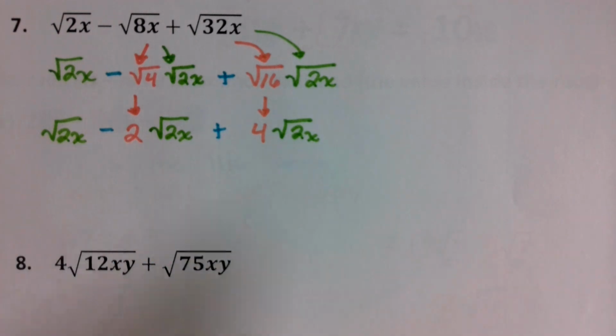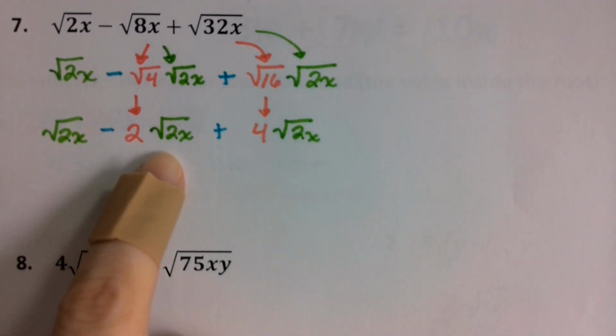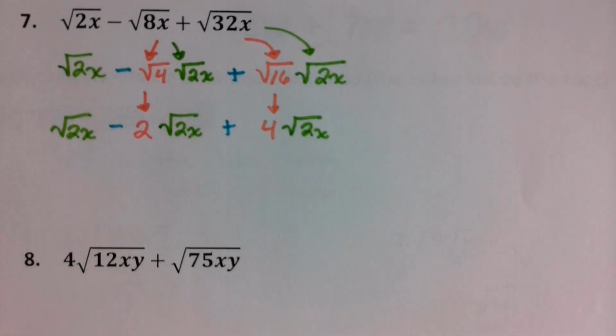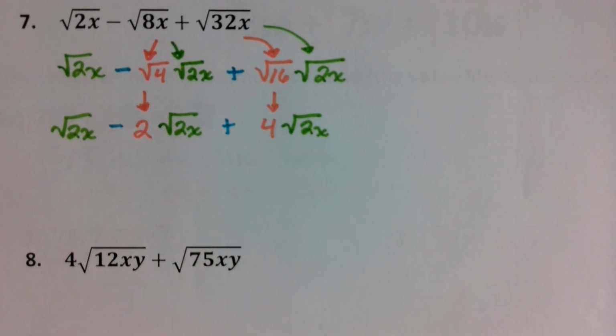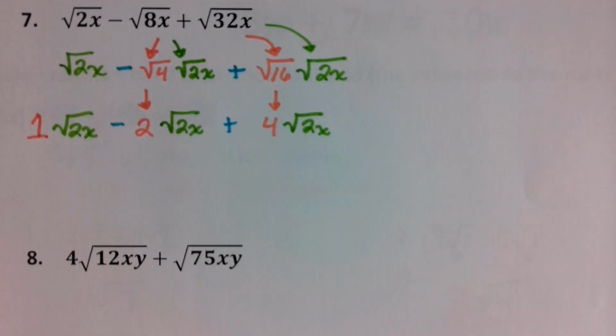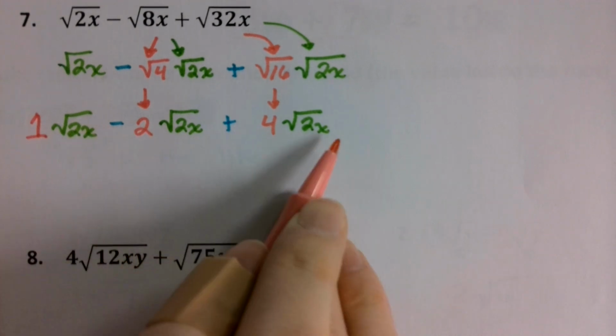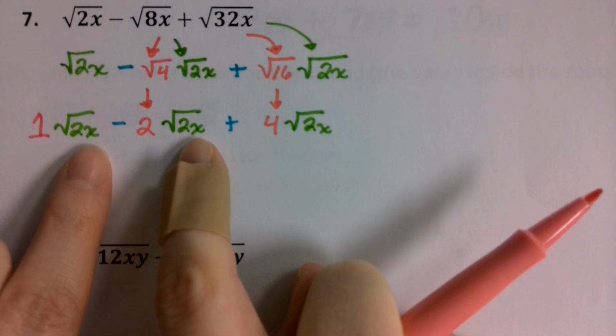So now here's my expression so far. I have square root of 2x minus 2 square root of 2x plus 4 square root of 2x. What do you think I should put in front of here? A 1. I need to know that I have a coefficient in front of there. If it's not written, I'm just going to put that little 1. And now I just focus on, they all have the same radicand, right? They all have a like radical, square root of 2x.